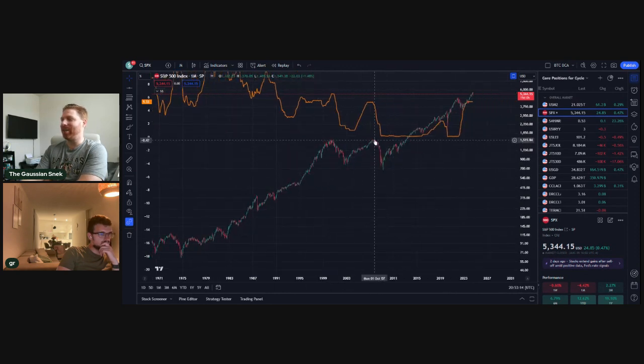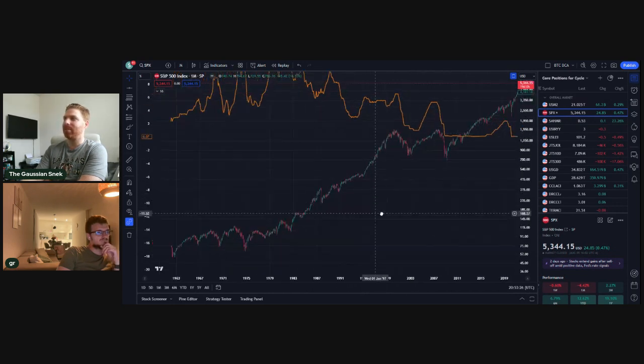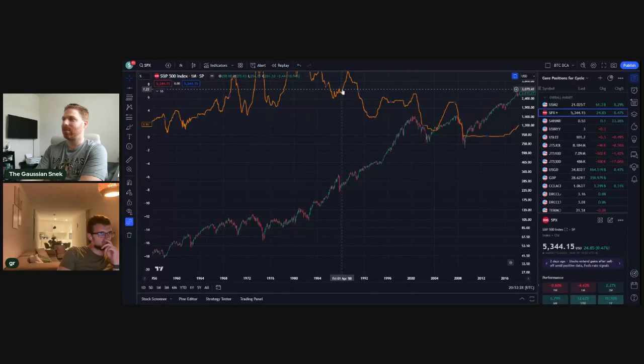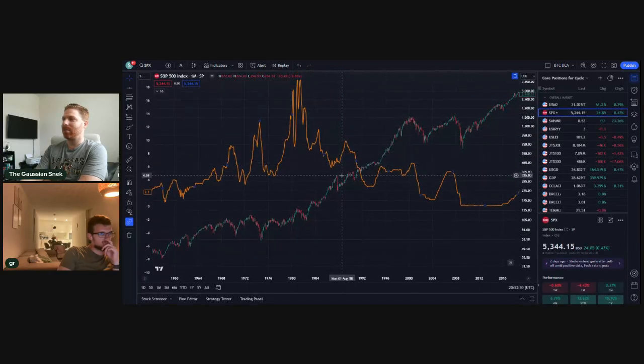Rally into rate cuts, dump with rate cuts. The 2020 recession was so short it barely even shows up here, but it's the same thing. Rally into rate cuts, dump with rate cuts. The late 80s, rally into rate cuts, go sideways, dump.